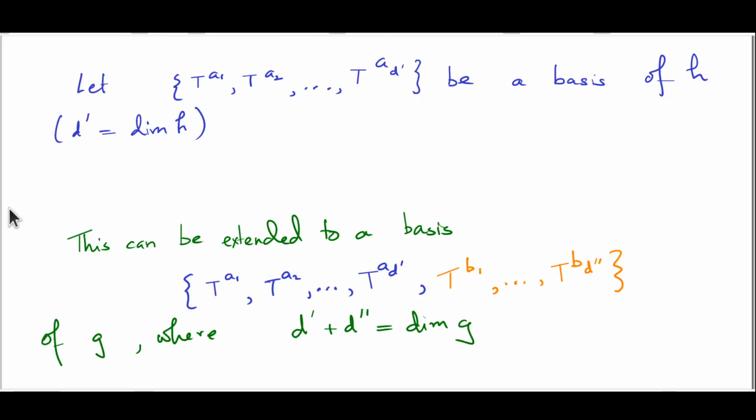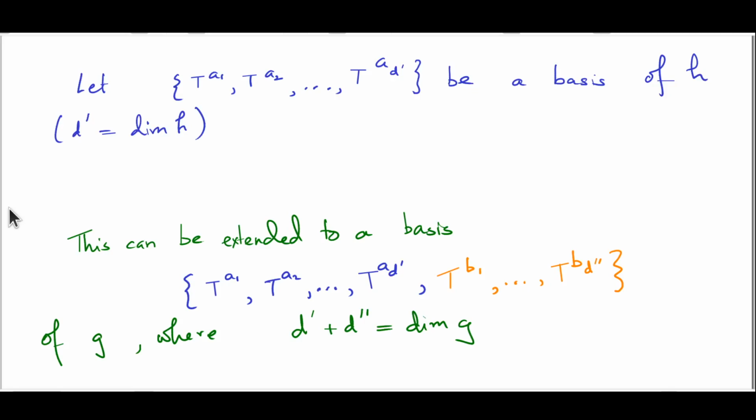These are T_B1, T_B2, up to T_B D'', where D'' is defined simply by the relation that D'' plus D' is the dimensionality of the Lie algebra G. So now we have chosen a rather special basis in which the letter A with indices 1, 2, 3 up to D' stands for the basis vectors or generators of the subalgebra H, and the other generators, those written with B1, B2 up to B D'', are generators which are not elements of the Lie subalgebra H.